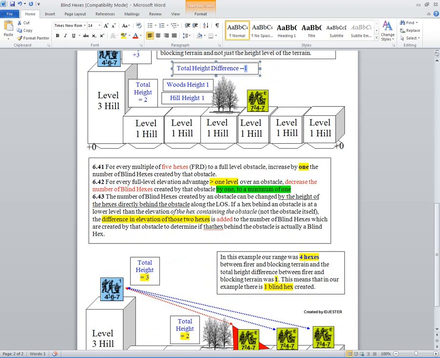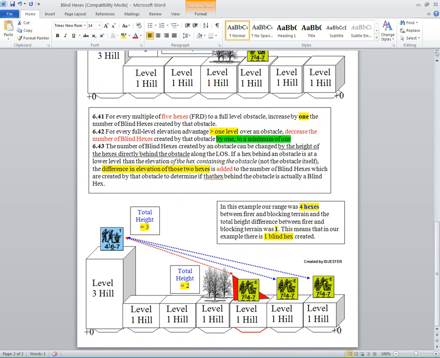So that means when we look at our little chart here, in this example our range was 4 hexes. You can see 1, 2, 3, 4 hexes between the firer, which is the German unit, and the blocking terrain. Actually, that's a typo, my bad.